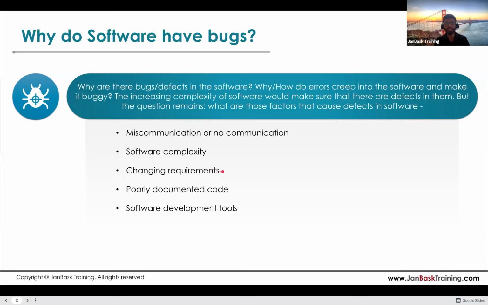Now the next is changing requirements. This is a very big reason for software having bugs. It might happen that the user or the customer is not sure about their requirement, how the software should look, what the UI should be, what the business cases for that application should be.